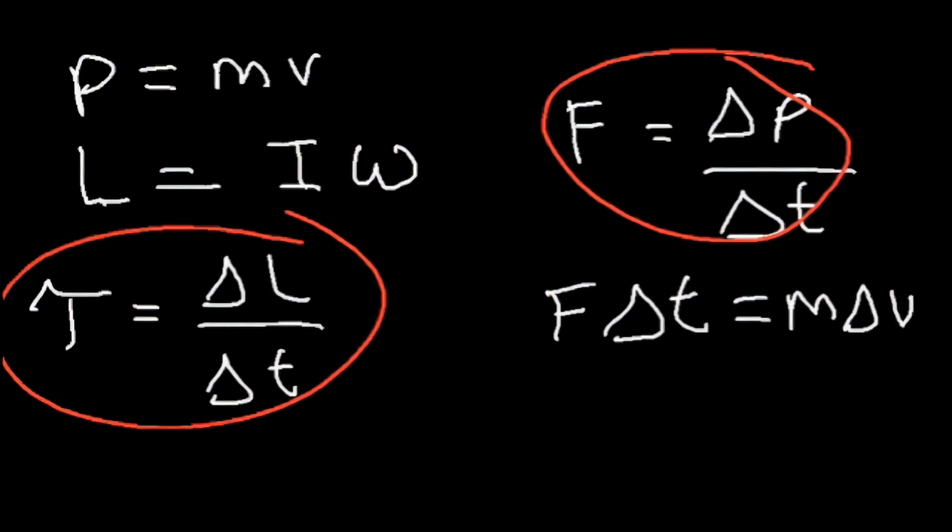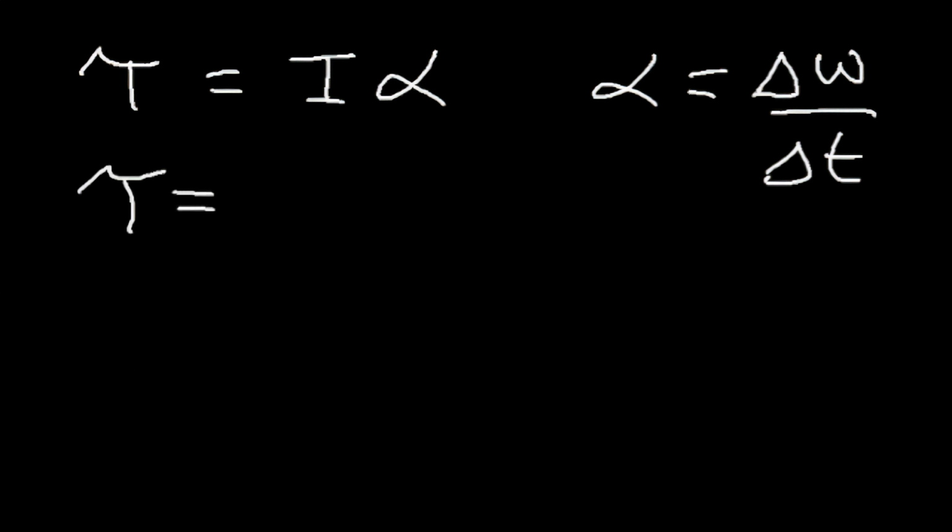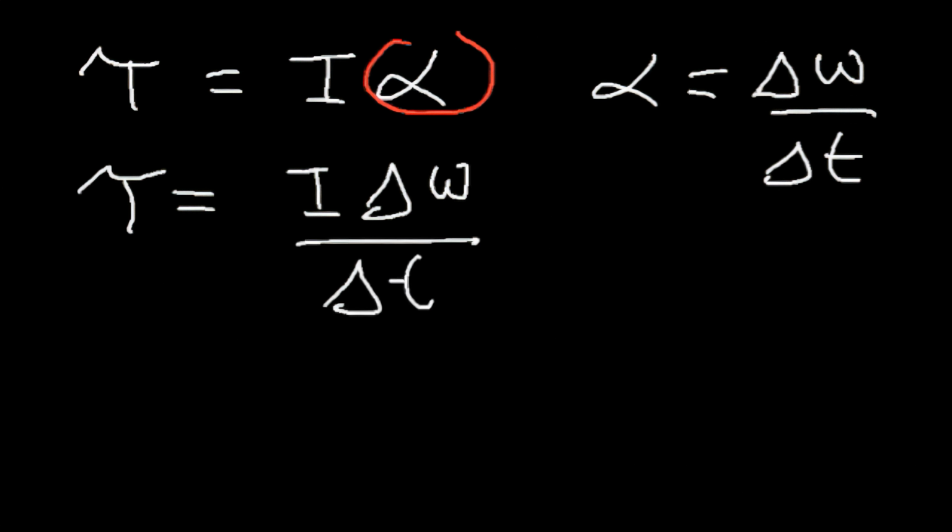Now let's see if we can derive the second equation, or the last one that we wrote. So we know that torque is equal to inertia times alpha. And alpha, the average angular acceleration, is equal to the change in the angular velocity divided by the change in time. So we can replace alpha with delta omega divided by delta t.